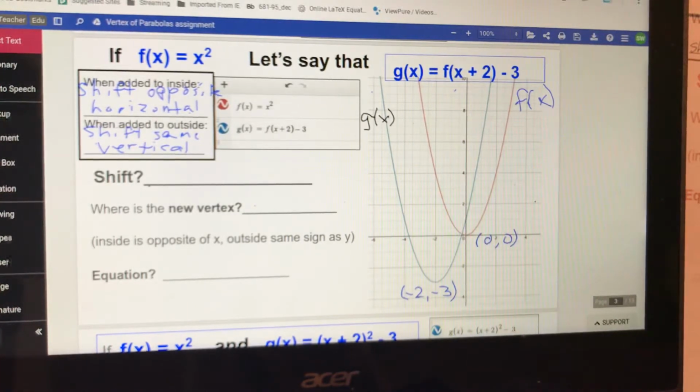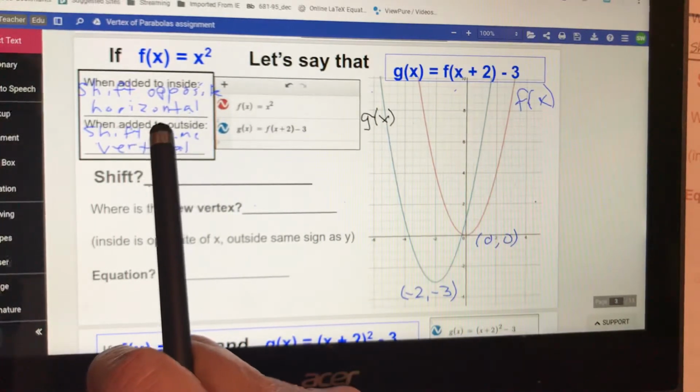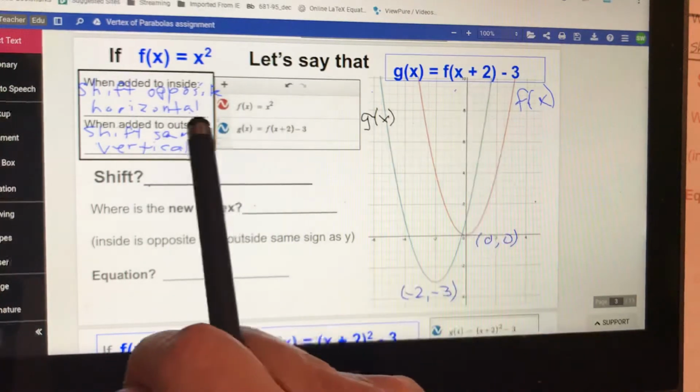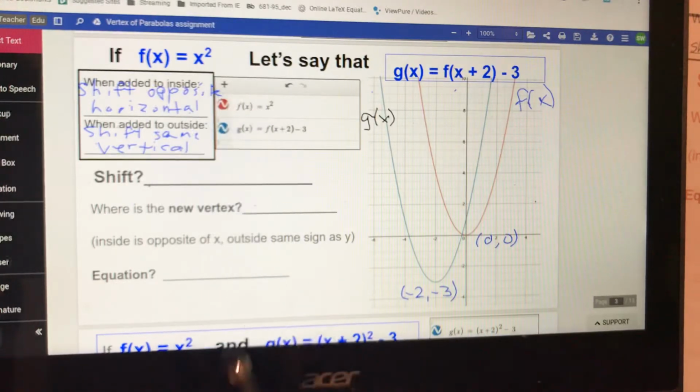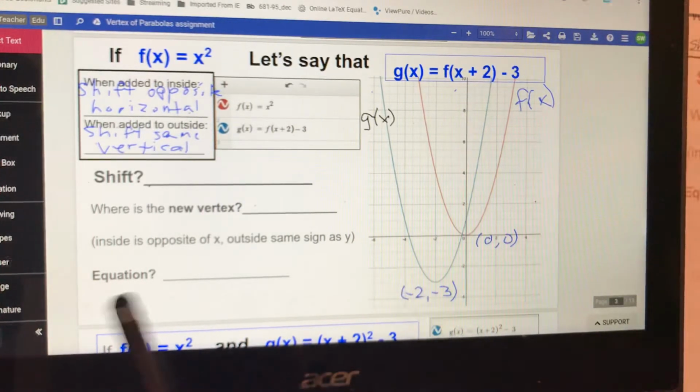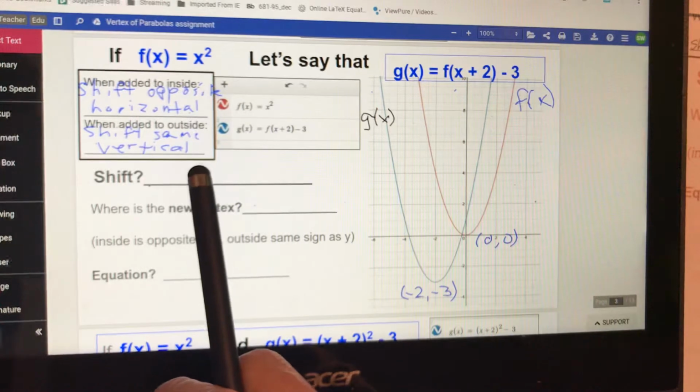What do we do? Well, when we add to the inside, we shift the opposite and horizontal. So when we add it to the inside with the x, it shifts in the opposite direction. We like to say inside lies, and it shifts horizontally. When we add or subtract to the outside, it shifts as the same sign and vertical.